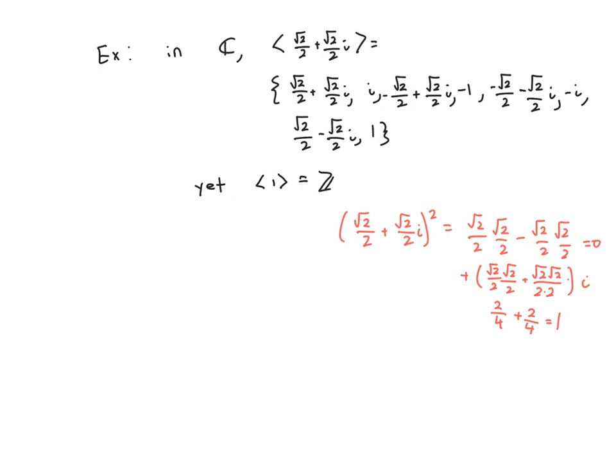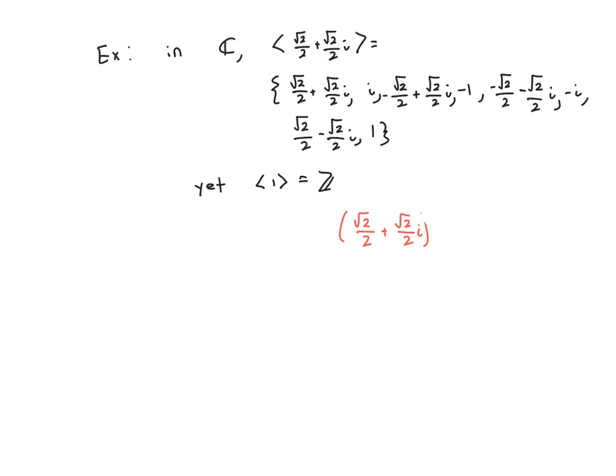Now what happens if you cube instead? Well, the hard approach would be to make the mistake of cubing it. The easier approach would be to square it and then multiply it by itself. Why? Because we already just did that calculation. It's just i times this bit.